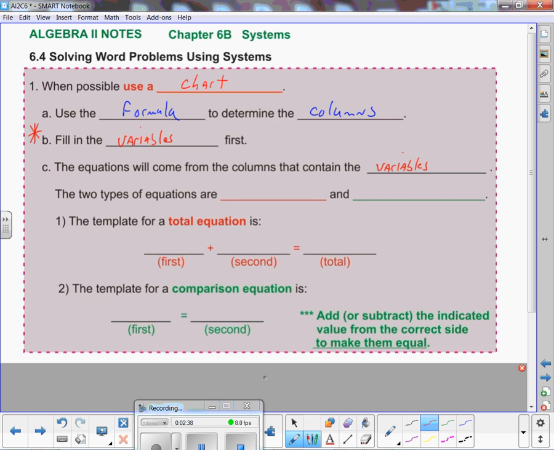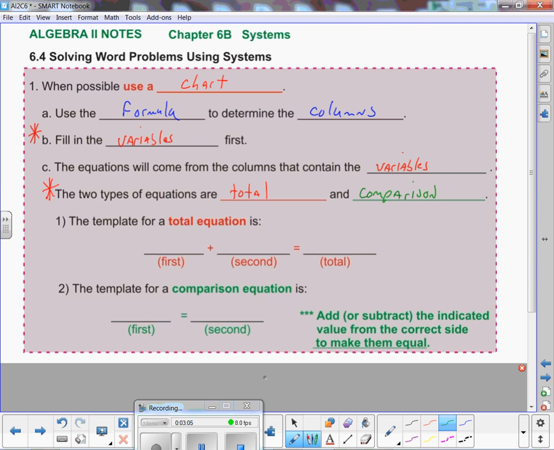All right, and let me remind you, this is key here, the two types of equations. You can have total equations, or you can have comparison equations. Total equations or comparison equations.